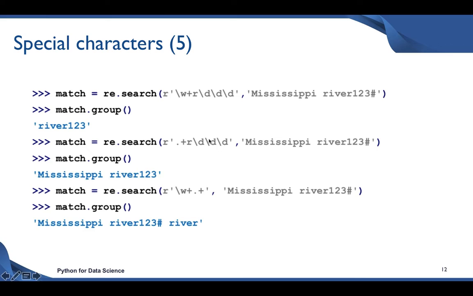In the next part, instead of writing this, we could have dot and plus. It says match any character, and the number of occurrences would be plus, that is one or more occurrences.